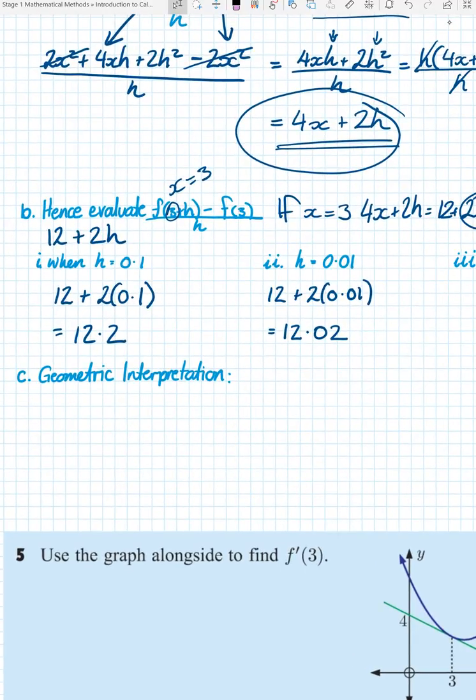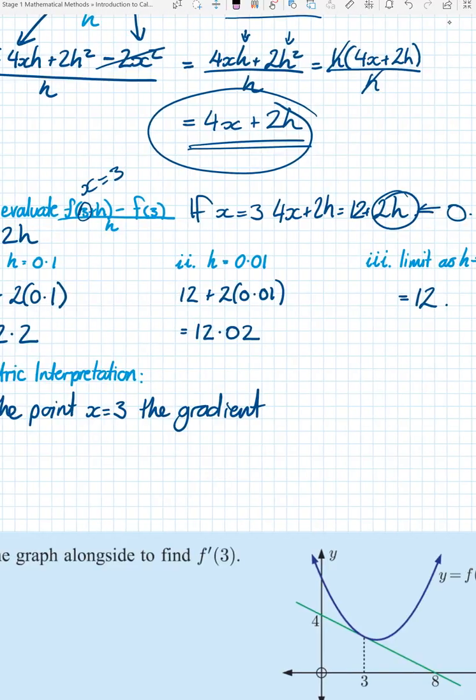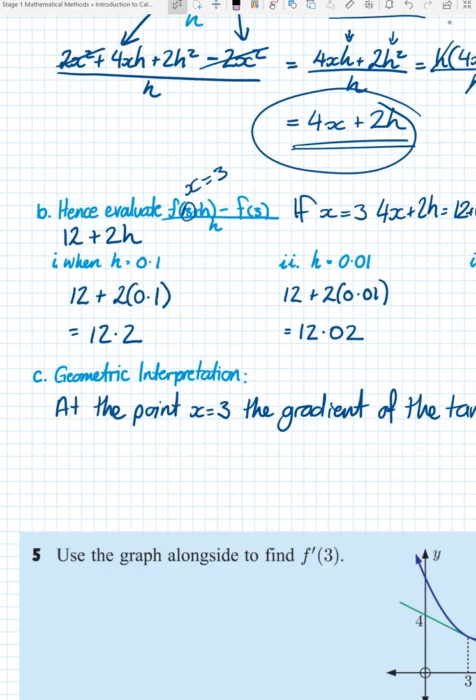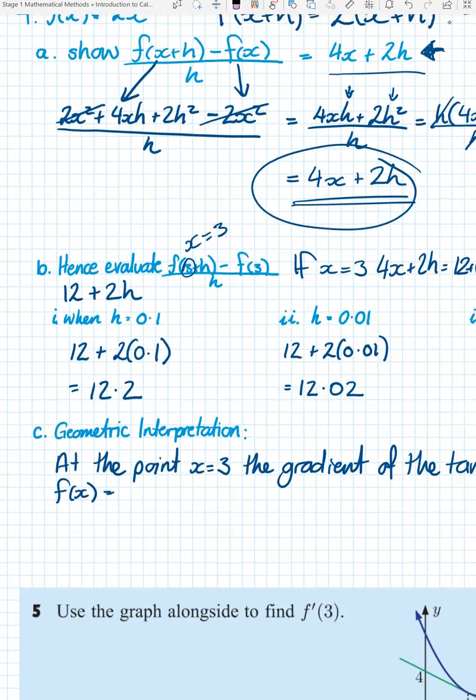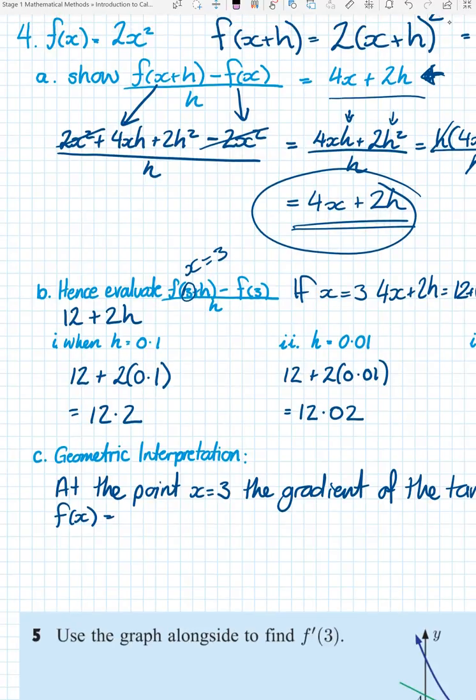So if we had that graph, the geometric interpretation would be that at the point x equals 3, the gradient of the tangent to fx equals 2x squared would be 12.